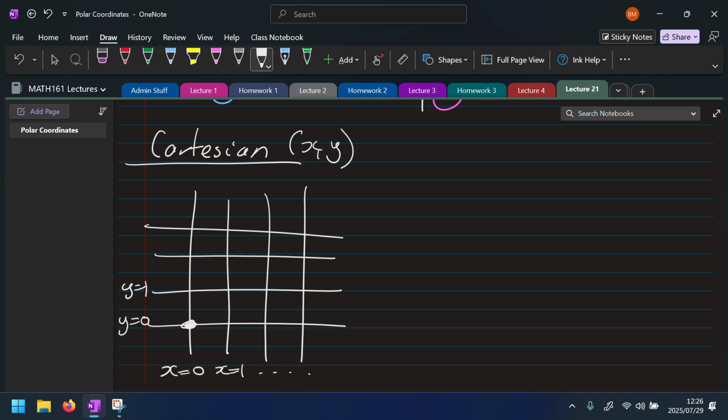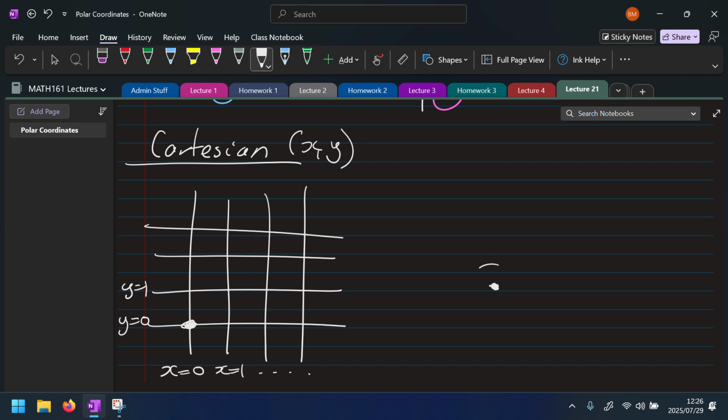For polar coordinates, again, you might be familiar, but if you aren't, we'll go through it again, is a different way of setting up this grid. So it won't be a rectangular grid with vertical lines and horizontal lines. Instead, we do something a little bit different. We pick an origin point in the middle, and we draw concentric circles coming from that origin point with different radii.